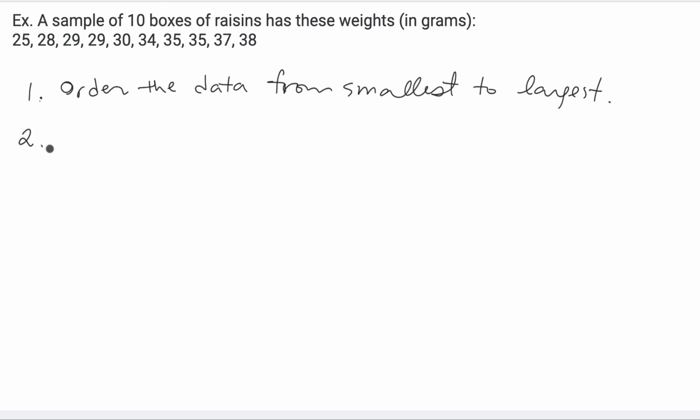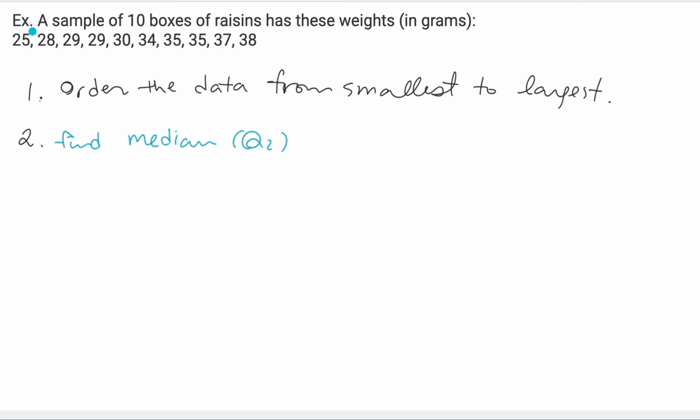Second, what you need to do is find the median. So let's find the median. I actually want to use this color. Okay, so find the median. It's Q2 in other words.